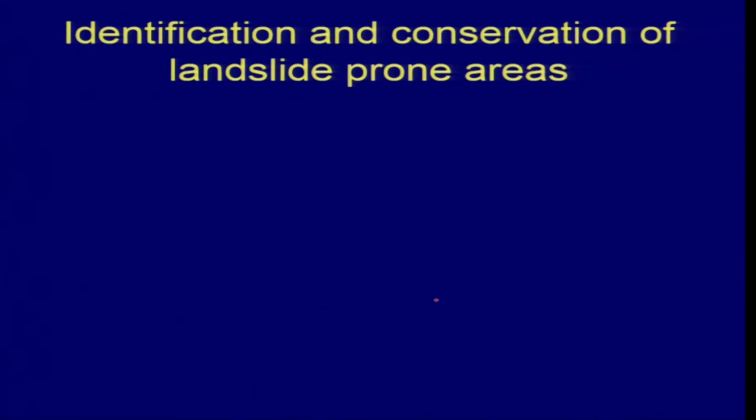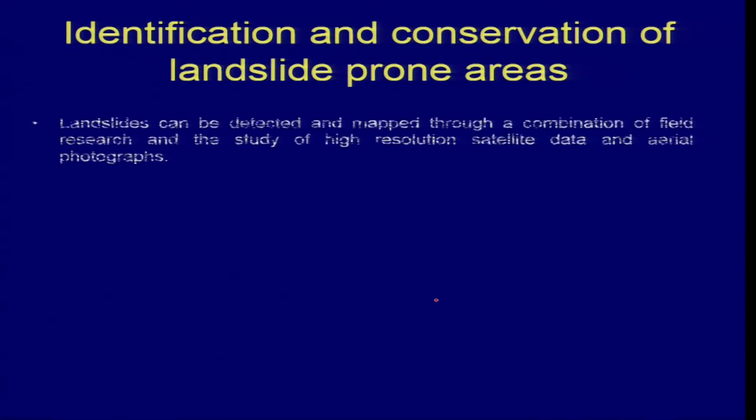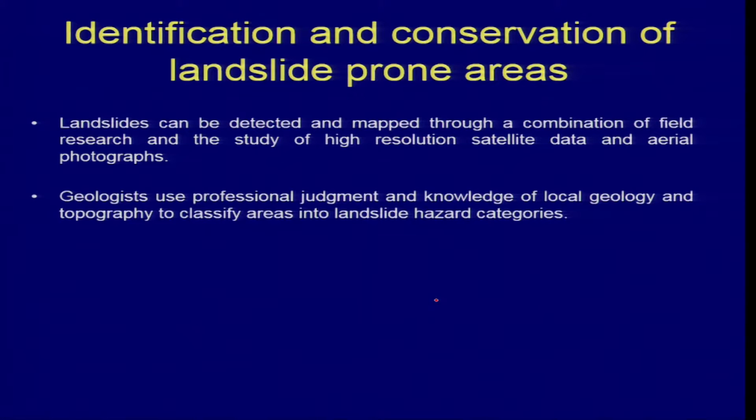So identification and conservation of landslide prone areas. Now landslides can be detected and mapped through a combination of field research and the study of high resolution satellite data as well as aerial photographs. A geologist uses professional judgment and knowledge of local geology and topography to classify areas into landslide hazard categories.